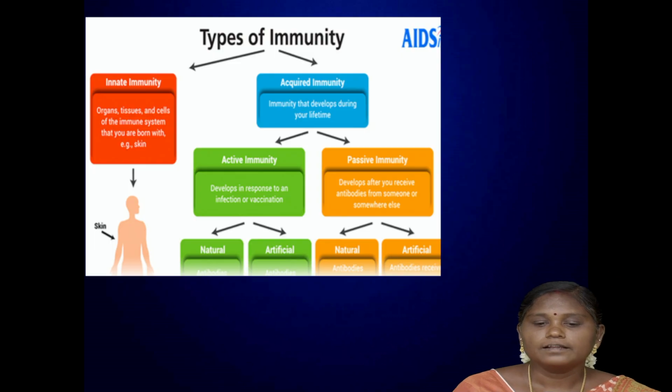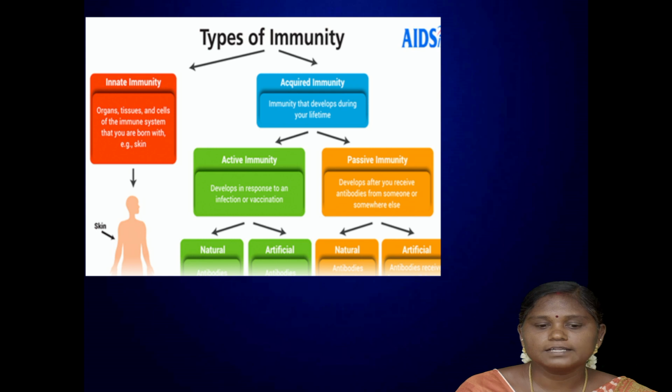Okay, then here you should know the types of immunity. What is immunity we have seen. In that we have various types of immunity. One is innate immunity, and then acquired immunity, right? Innate immunity means the immunity occurs from our birth itself.